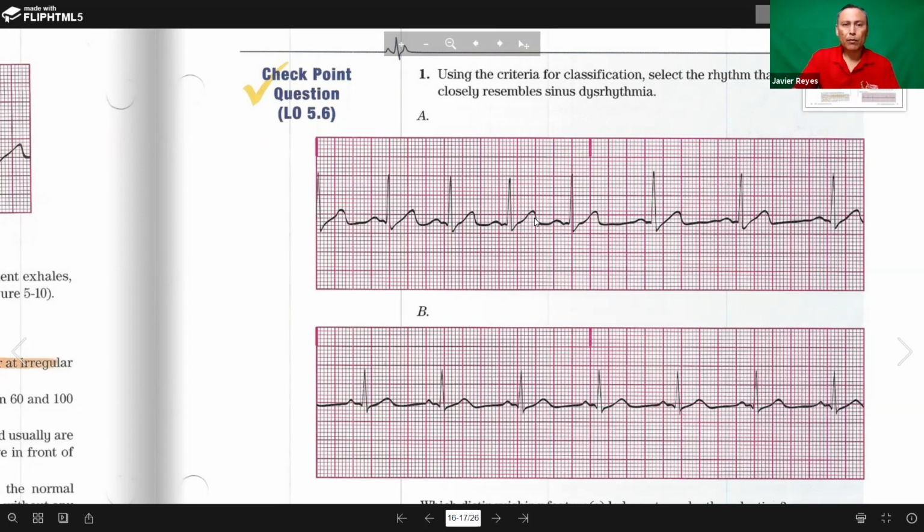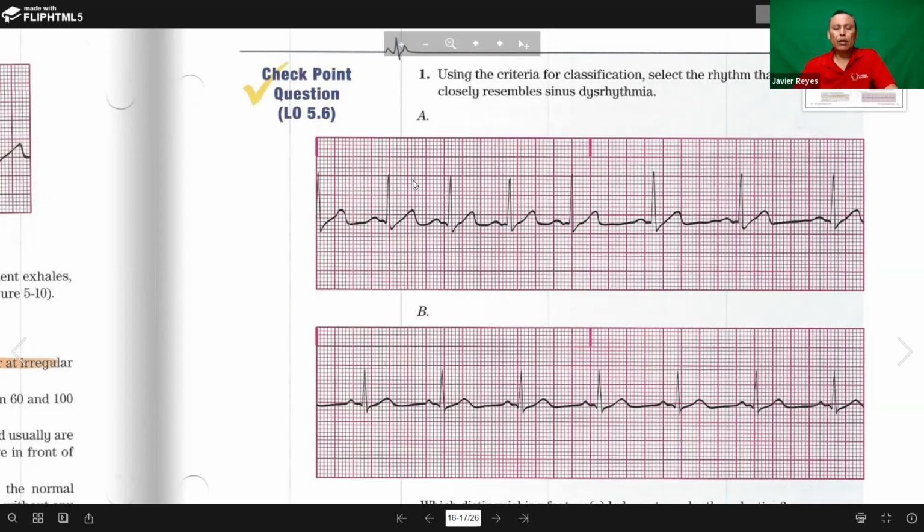So what is the problem with a sinus dysrhythmia? What is the main problem that you need to look out for? The only problem you're going to see is the irregularity between the P's and the R's. If you measure with your calipers, P to P, P to P, they're going to vary, and the R's are going to vary.